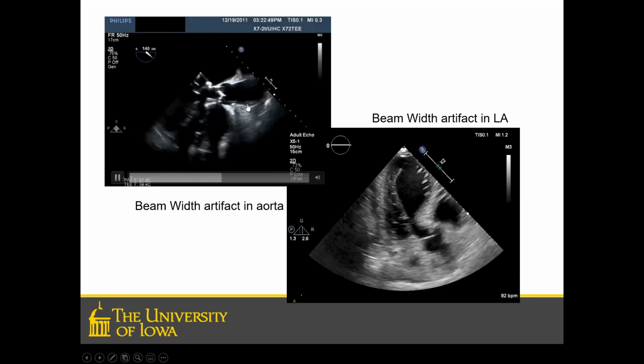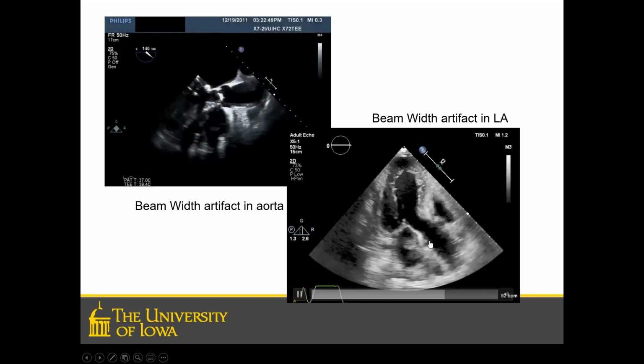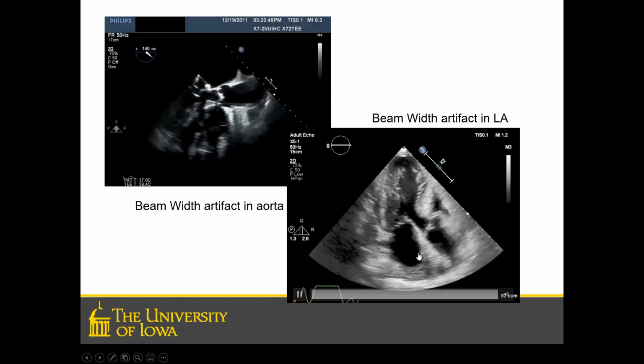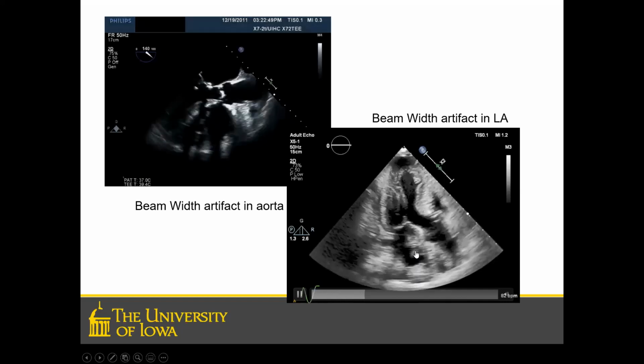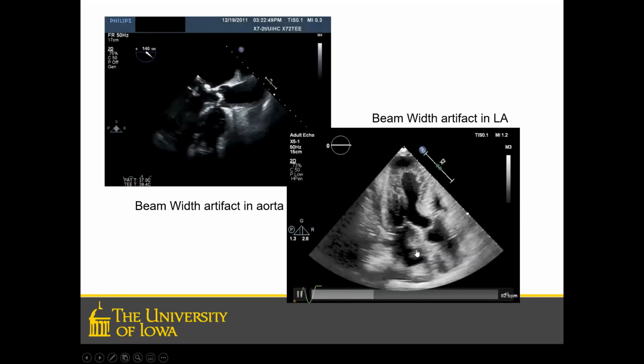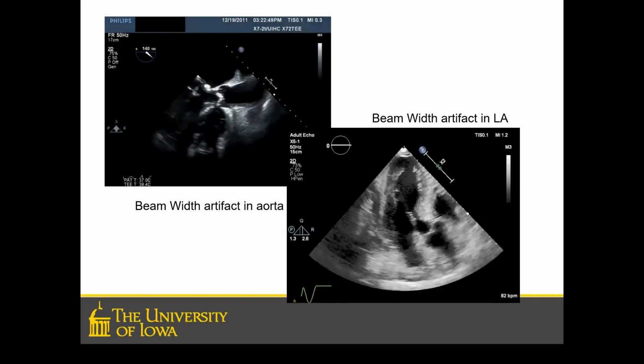Before, when I showed you the grating lobe, it was a band that just kind of randomly went through a chamber. This slice thickness extends from something. So it's like the wall here being extended and displayed into the vessel. On this one, you can see something seems to be popping into the LA here, but this is actually anatomy outside of the LA, and it's just being picked up by that slice thickness.